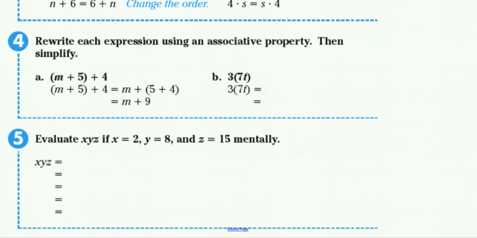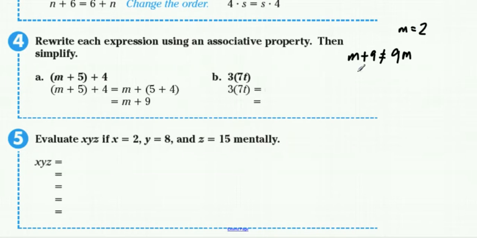For those of you thinking that m plus 9 is equal to 9m, let me assure you that it's not. Let's say the value of m is equal to 2.